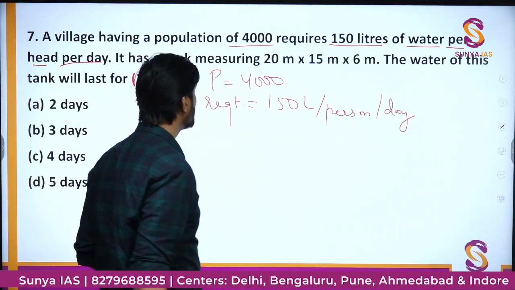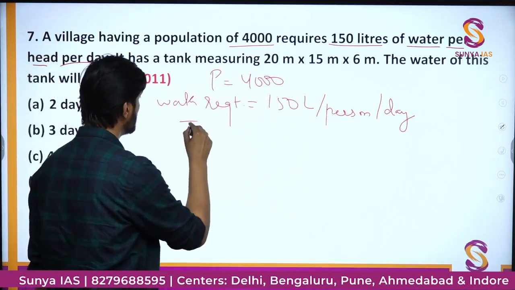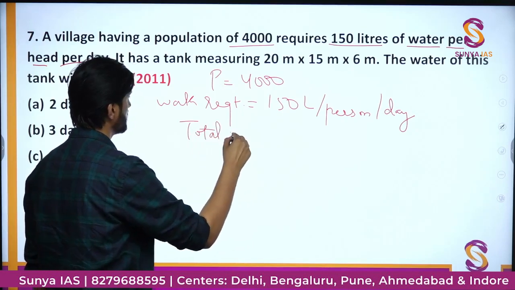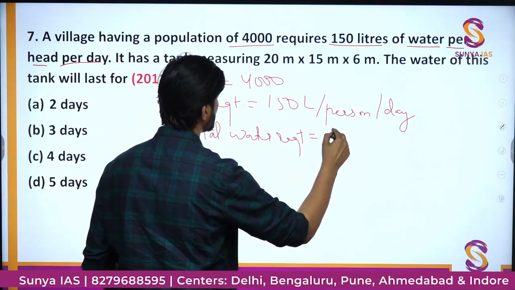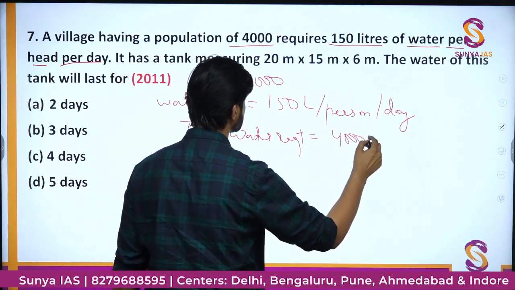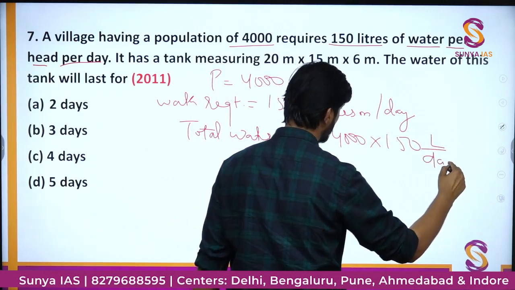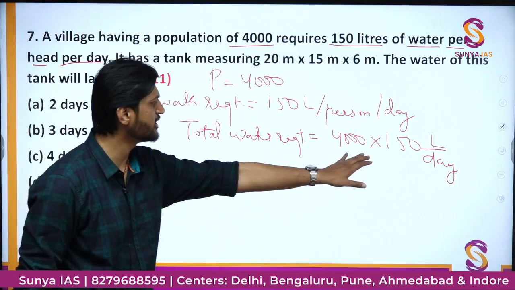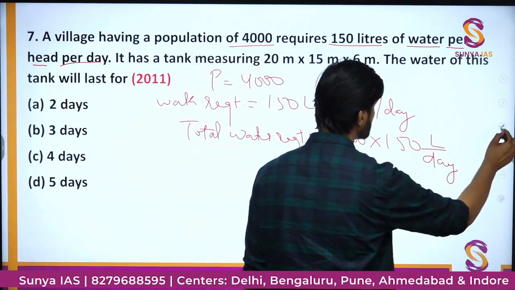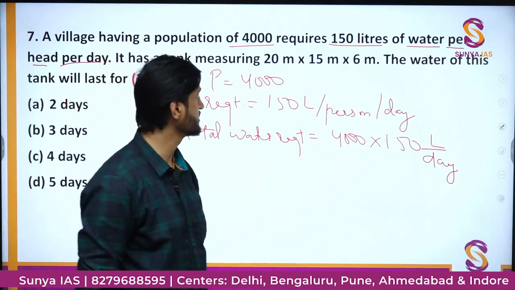So what is the overall water requirement of the village of all these 4,000 people? So the total water requirement would be 4,000 people into 150 liters per day. So now we'll have the thing in liters per day. Do not actually multiply it, just leave it like this. So this is the total water demand per day in liters.